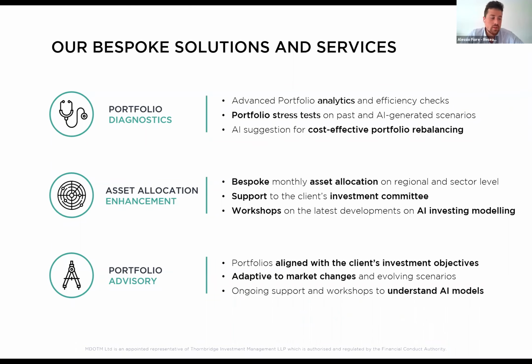I think this is quite reflected in how the R&D, research and development, works at MDOTM. Fede, if you want to expand a little bit on that and how we research, since it's another question that I'm receiving right now: how R&D works in MDOTM, how we identify, develop, and deploy our investment strategies. Yeah, okay.